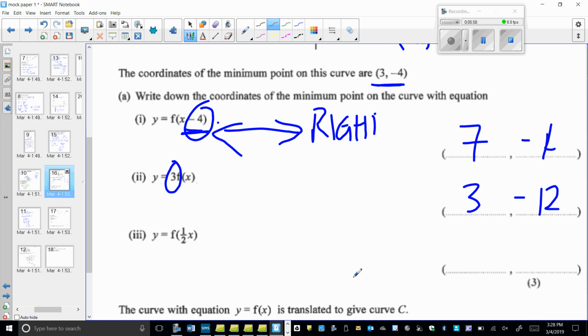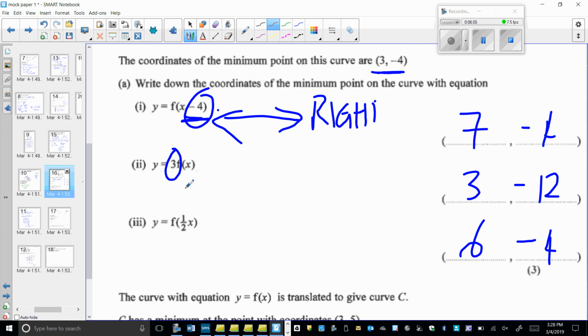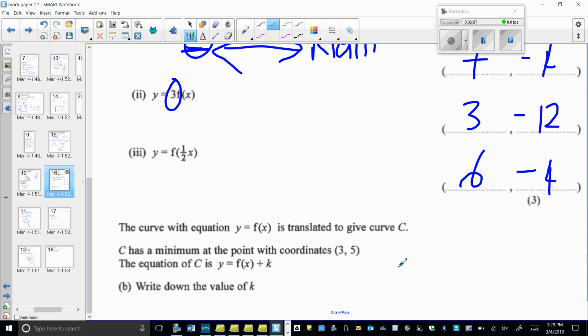So it would be 6, -4. Ask me about that if you're not sure. I don't know if I explained it very well. Basically, whatever this number is, you're going to divide your x coordinate by that. So 3 divided by a half gives you 6.